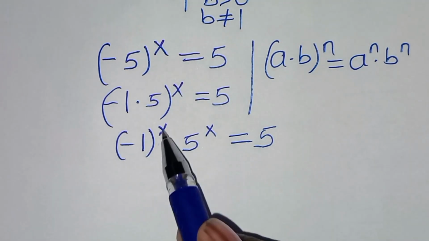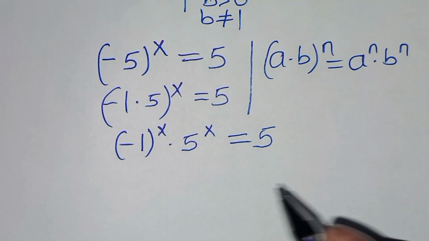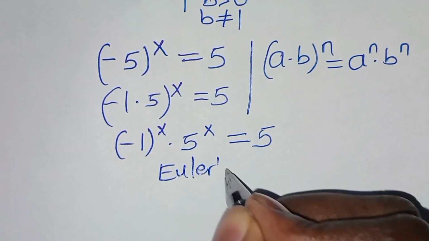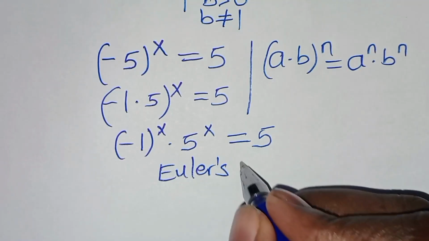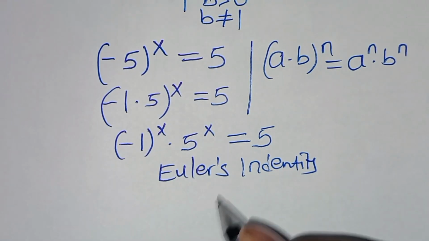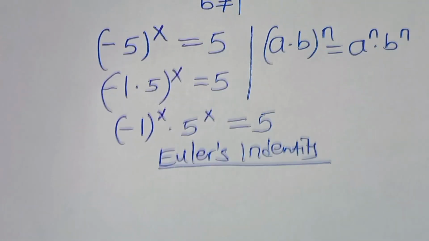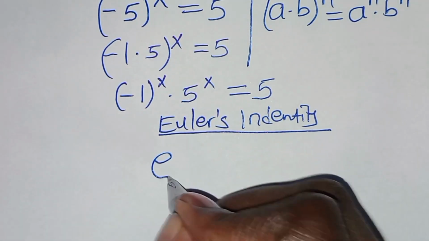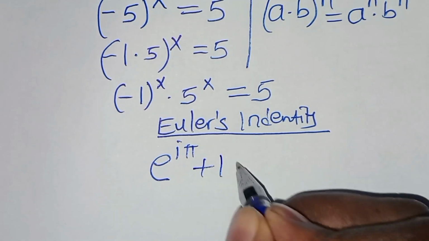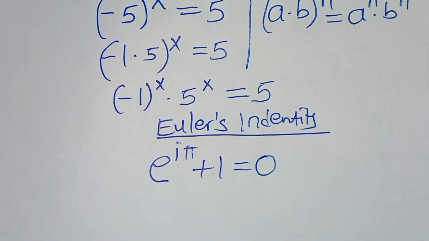To solve for the value of x here, we are going to apply Euler's formula. Let's use Euler's identity, which is e^(i pi) + 1 = 0.